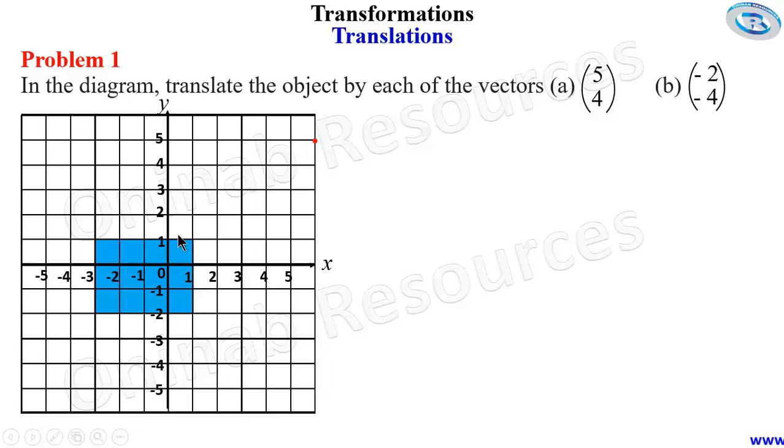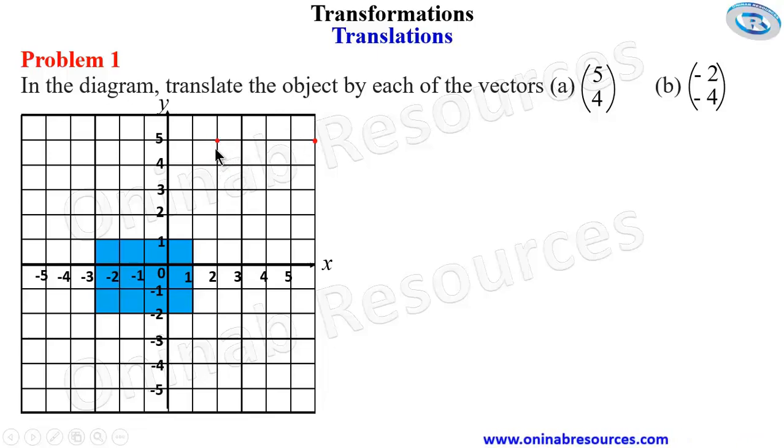So we don't need to go and be moving the other vertices. We can just use this point to draw the rectangle, because if we move this now, 1, 2, 3, 4, 5, 1, 2, 3, 4, it will be coming here. So we just mark it out.